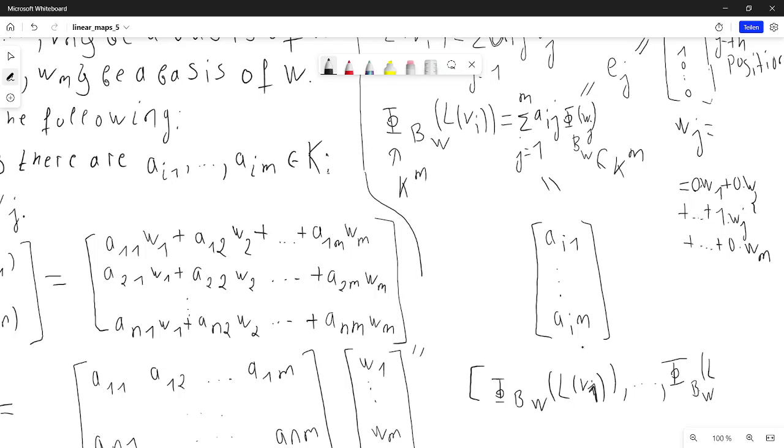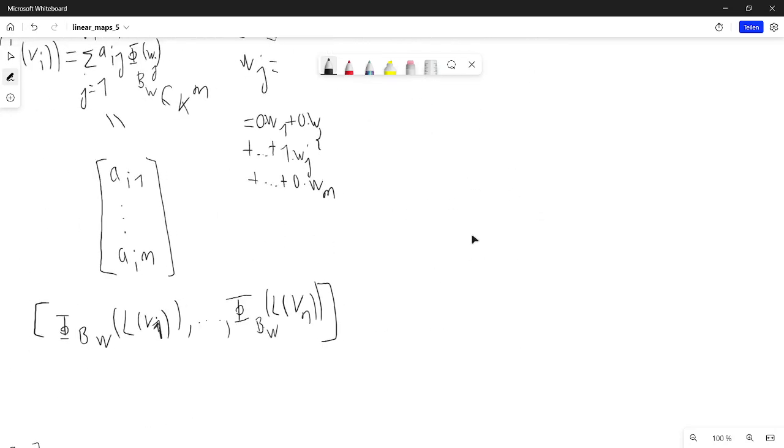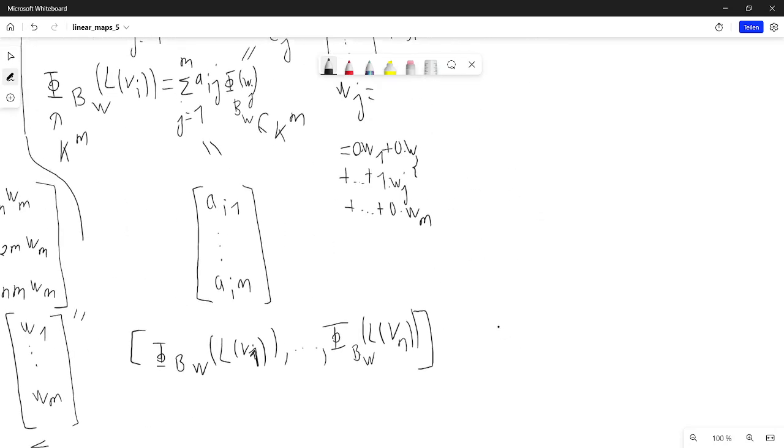Well, what do we have? Right. And now we know that each such is actually that vector, right? And then, of course, these are just elements in K, so this is cool.